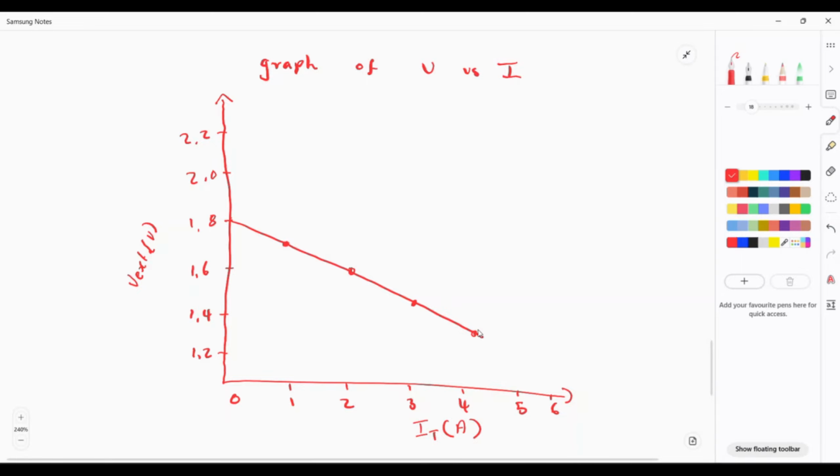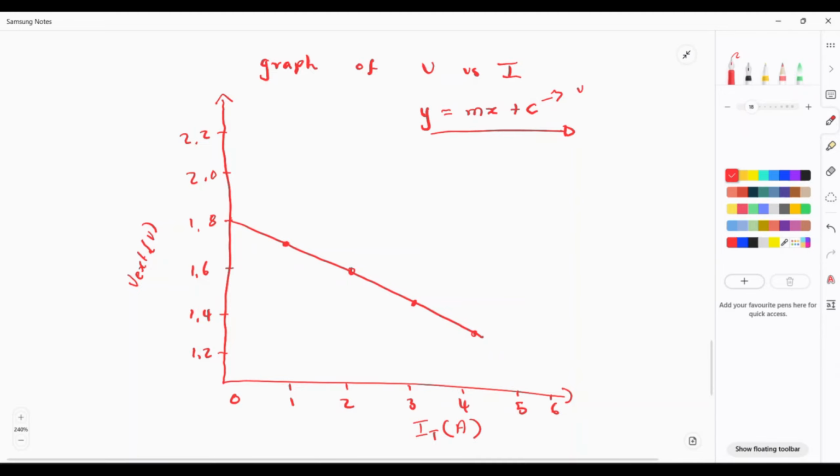Whatever calculation you do when working with graphs, you have to know that the graph is a straight line. According to mathematics, a straight line graph has the equation y is equal to mx plus c. What is c?